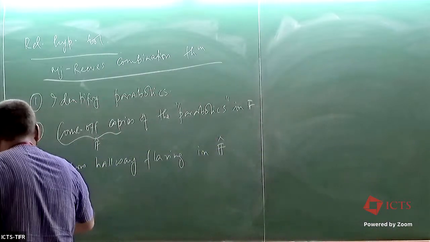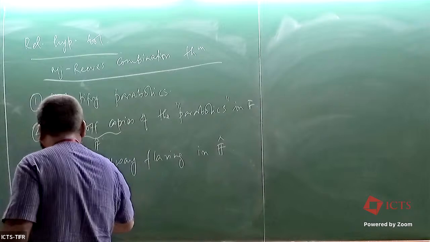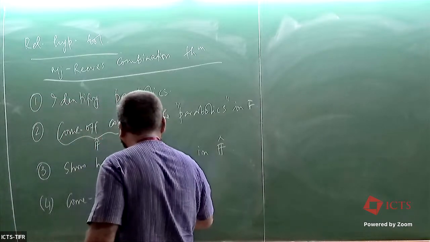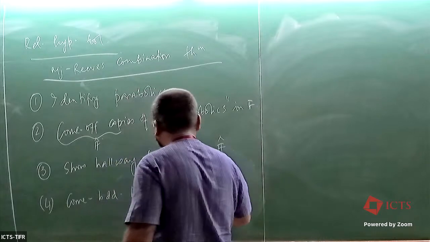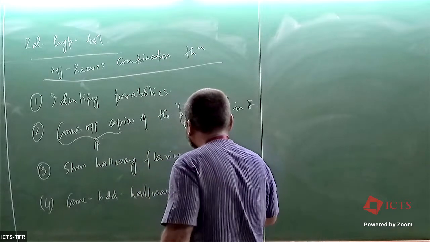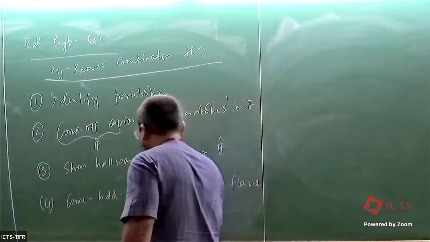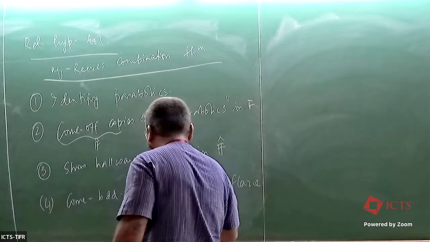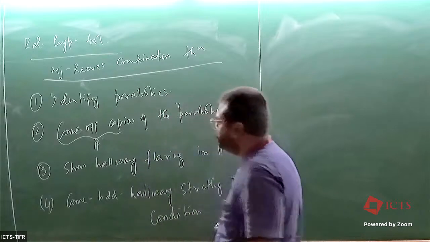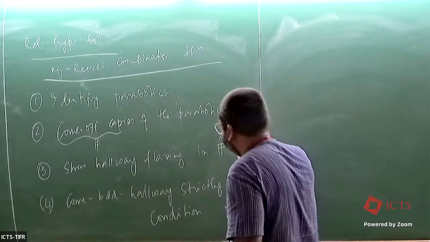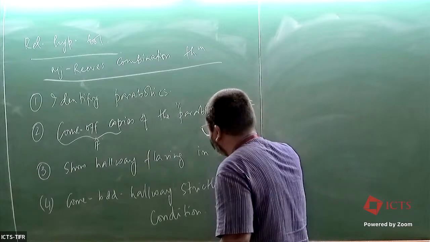And the fourth one is the cone-bounded hallway strictly flaring condition in F hat.